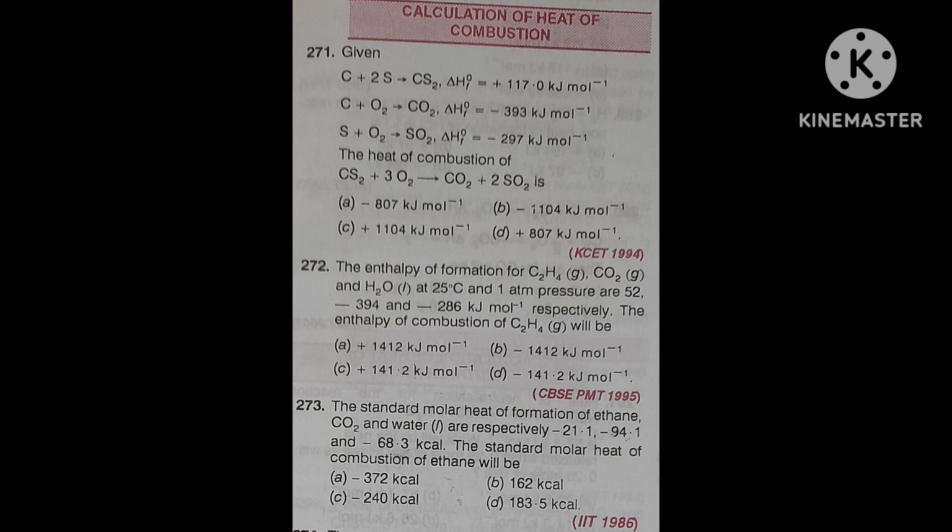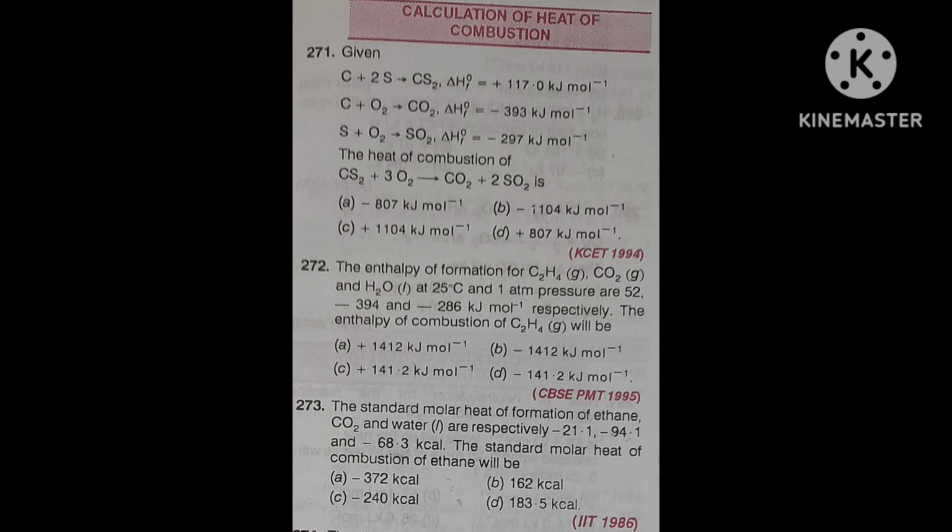Then the first reaction you have to change. C plus 2S gives CS2, but you have to bring CS2 to the beginning, hence you have to reverse this reaction and make it negative. After that add the other two reactions.